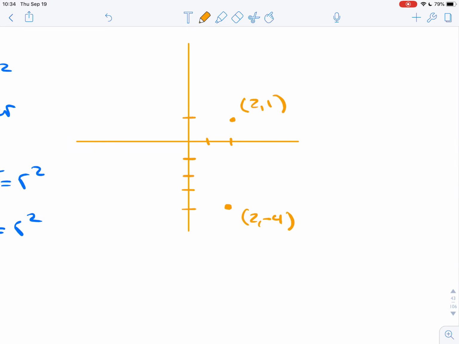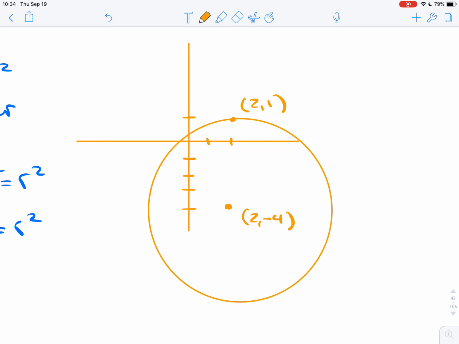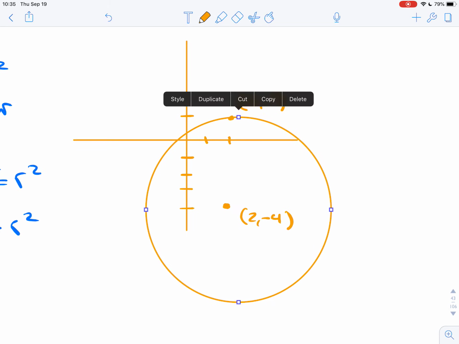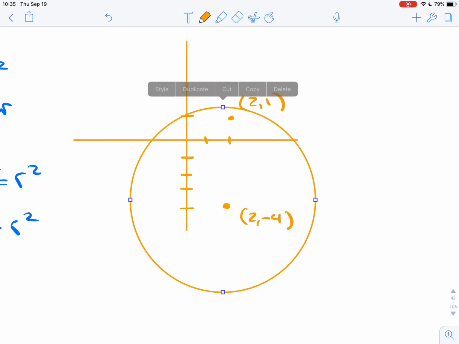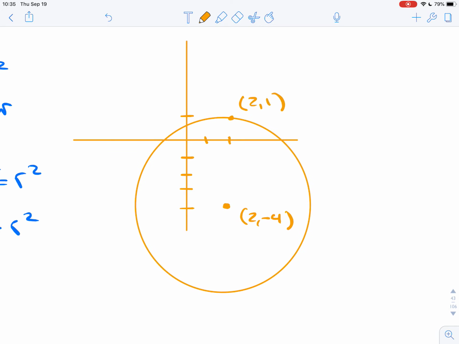So again, just for visualization purposes, this ain't gonna be perfect, guys, but you will deal with me here. It will look something along these lines. So perfect.